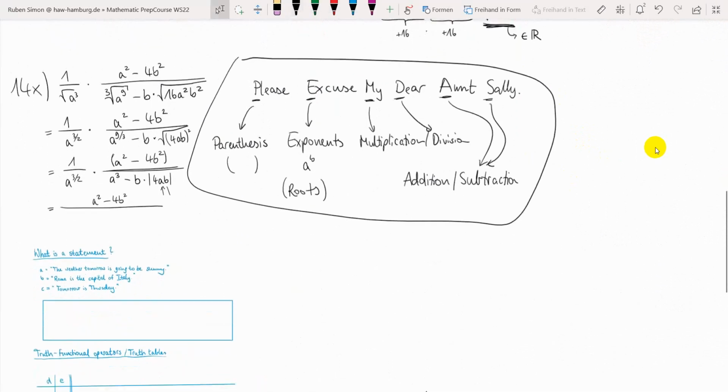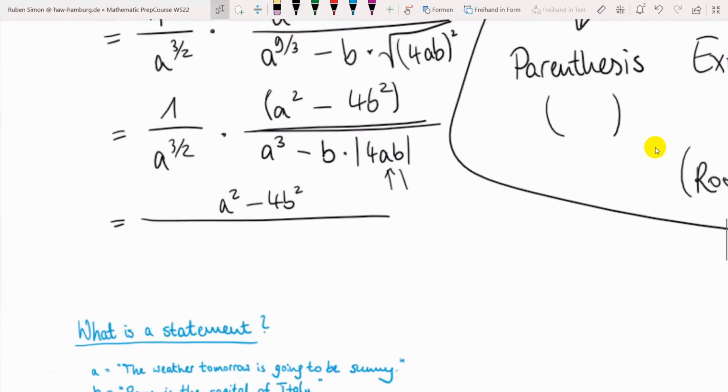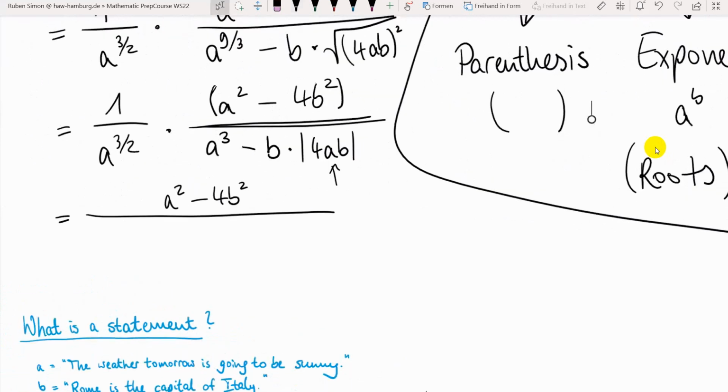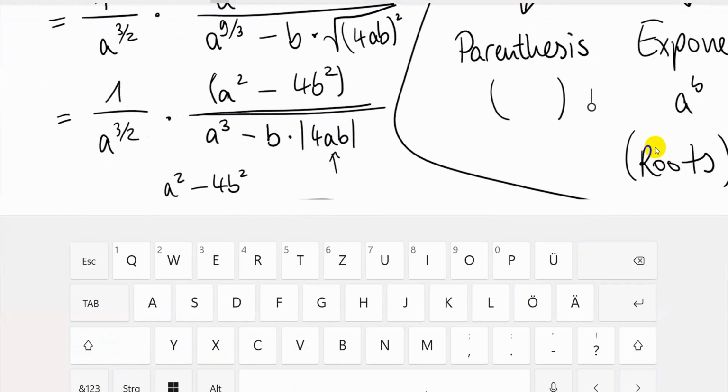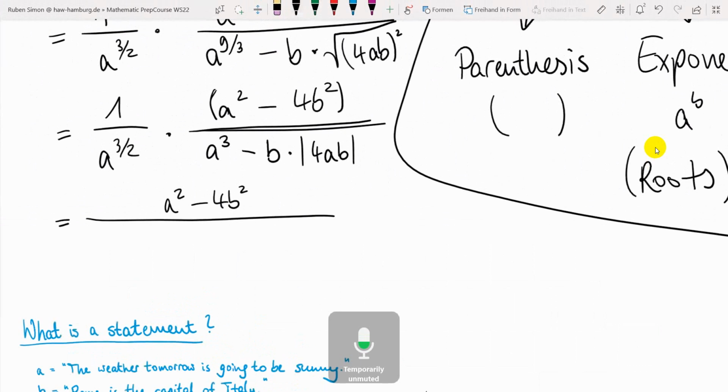So what about the denominator? What can we do about the denominator? So you want to do a to the power of 3/2 times... So of course here there are parentheses too around this expression.